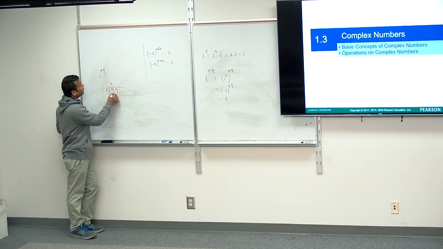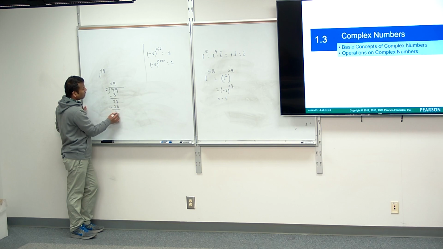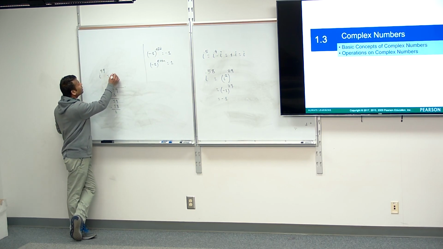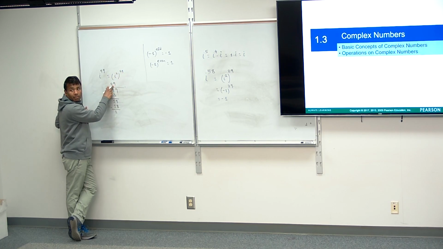You know 2 times 4 is 8. Right? What is that? It is 1. You bring it down. This is 19. And this 2 times 9, this is 18. So this is 1. Is that right? What is the remainder? The remainder is 1, right? So that is the same as i squared to the power 49, right?